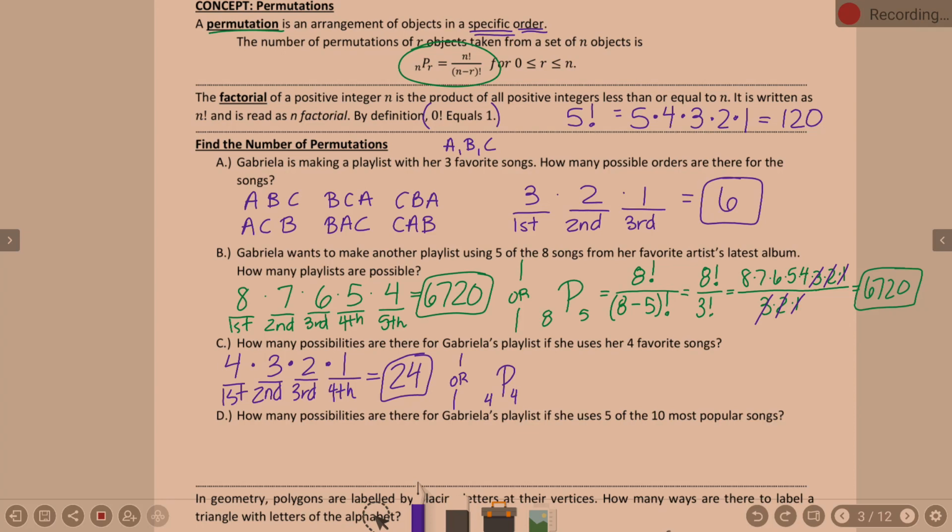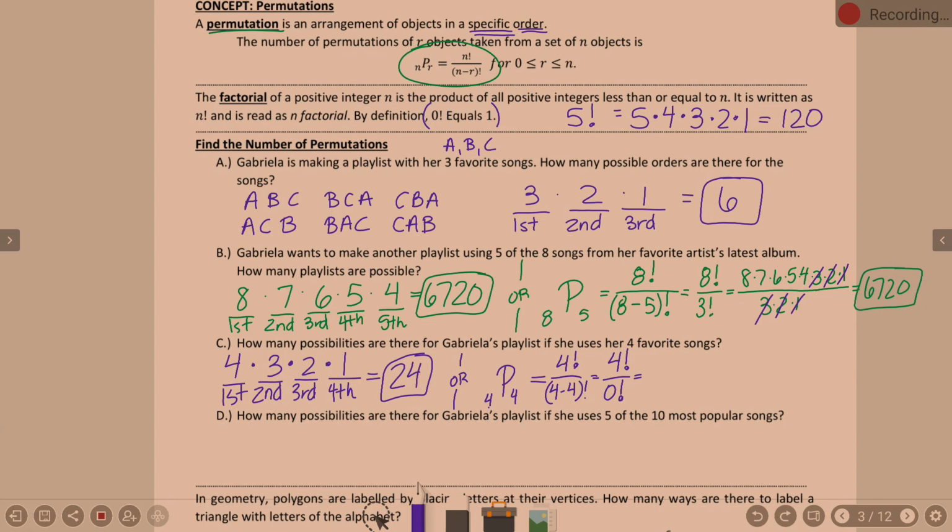On top, it's n factorial, so 4 factorial. On bottom, it is n minus r, so 4 minus 4 factorial. Well, what is 4 minus 4? 0. So we have 4 factorial over 0 factorial.